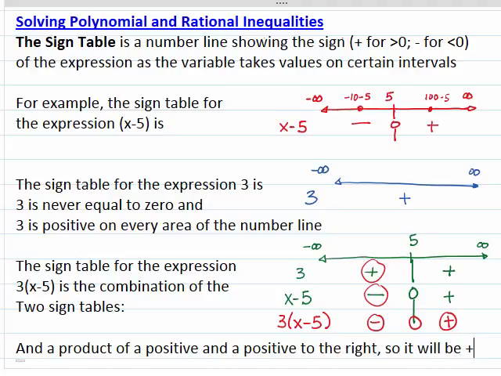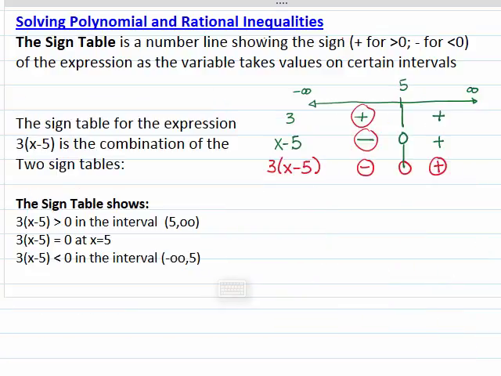The sign table for the expression 3 times x minus 5 shows that 3 times x minus 5 is greater than 0 in the interval 5 to infinity. It is equal to 0 when x is equal to 5, and it is less than 0 in the interval negative infinity to 5.